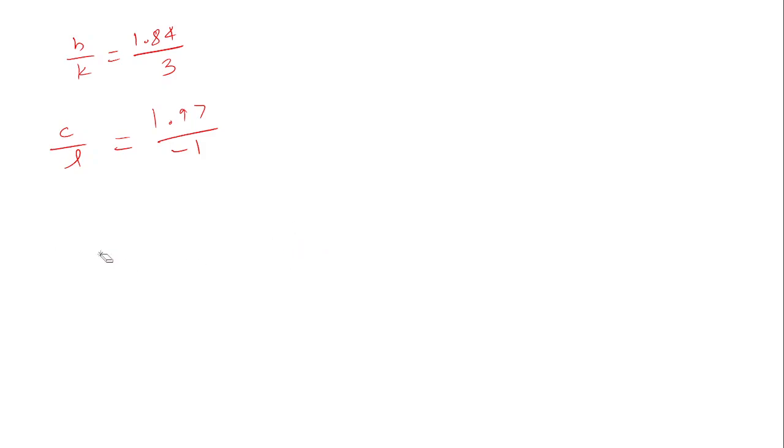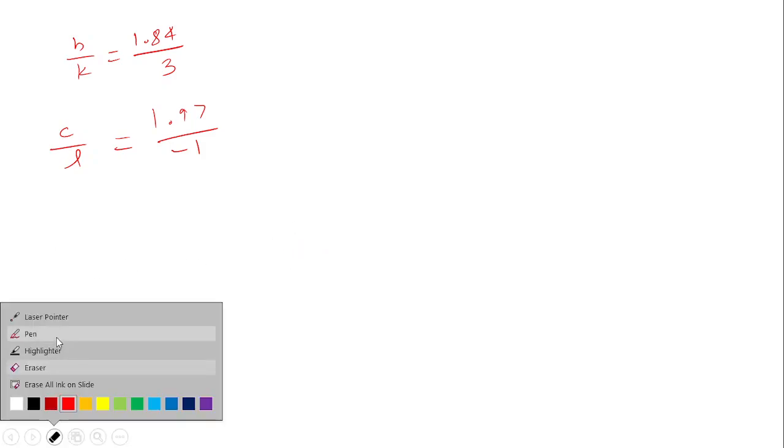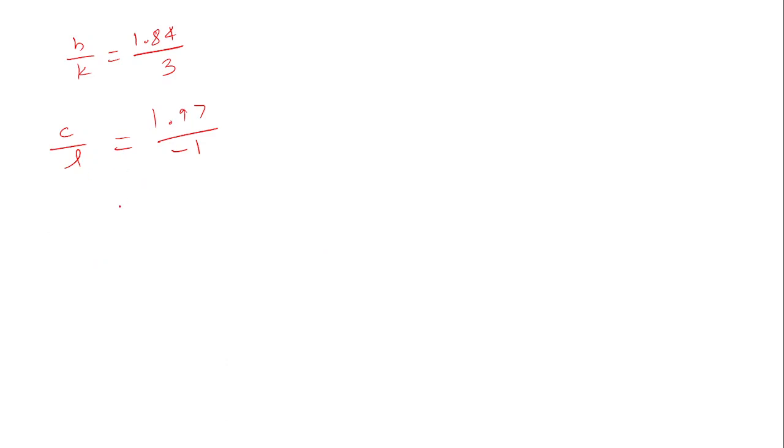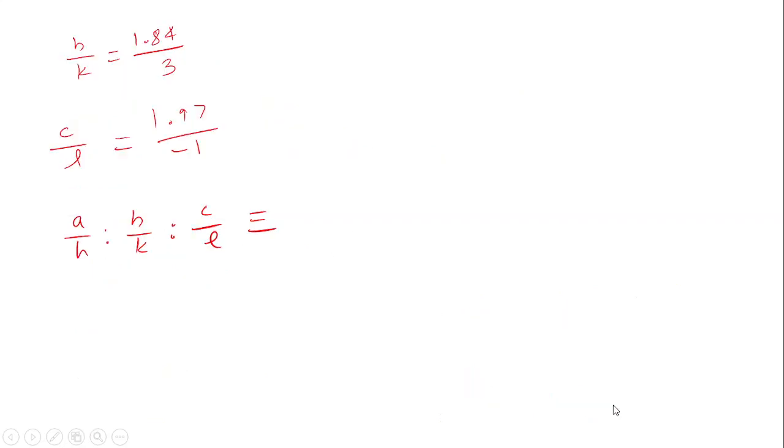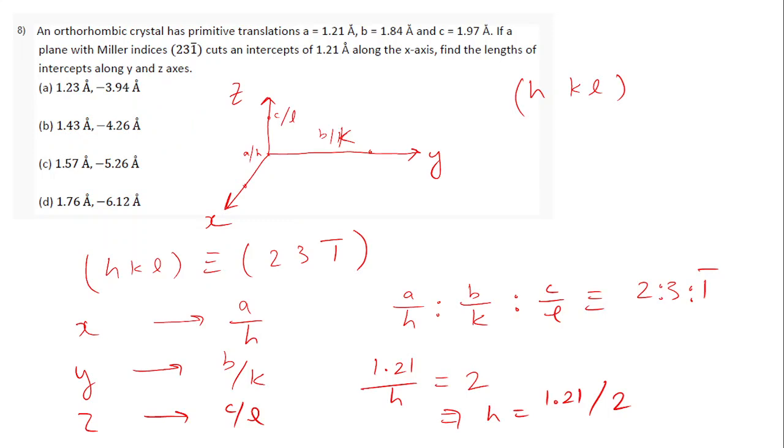Okay. Means A by H, B by K, C by L is 1.21 by 2. What will be the value? 1.21 divided by 2 is 0.605.